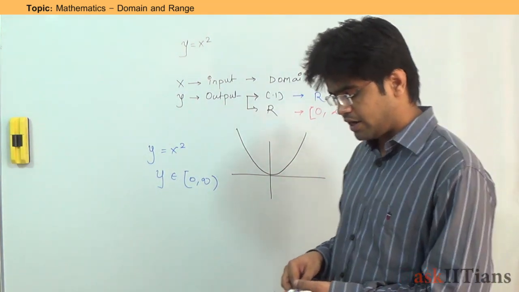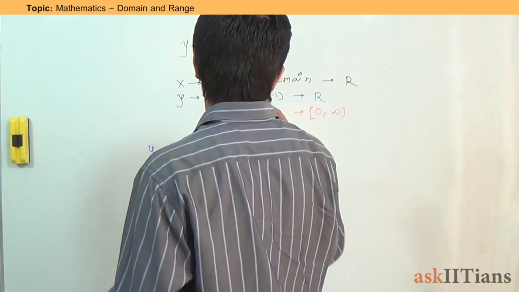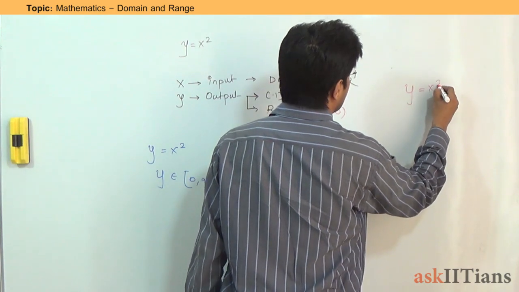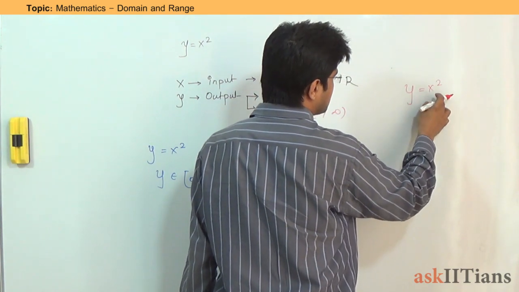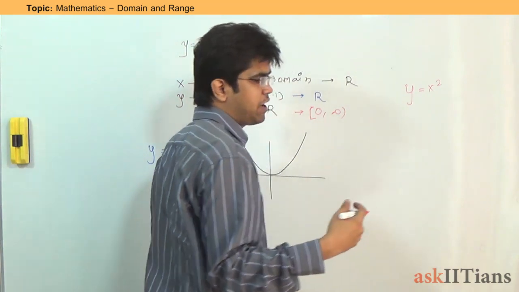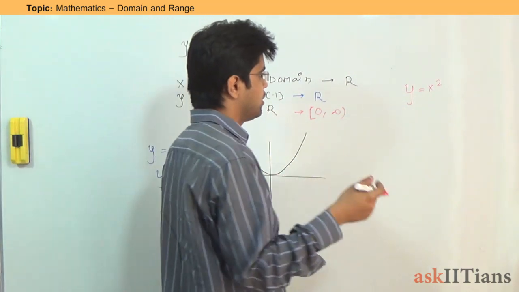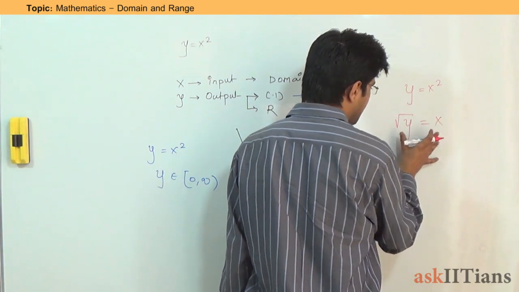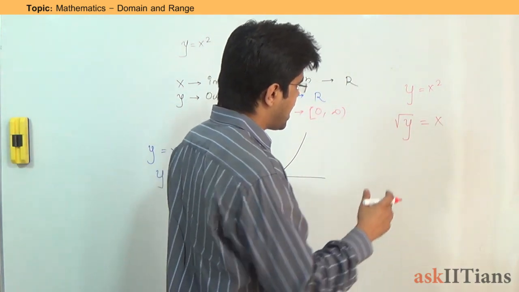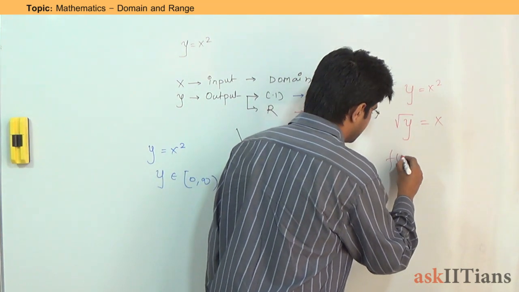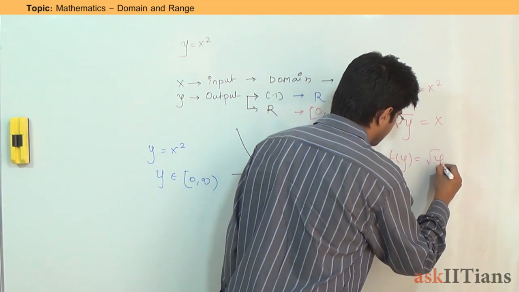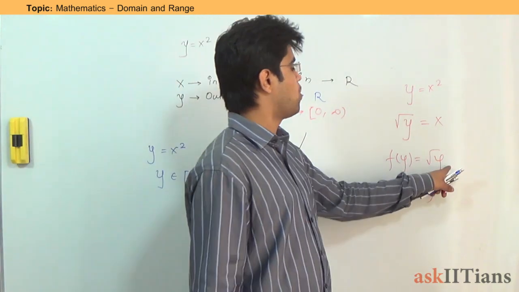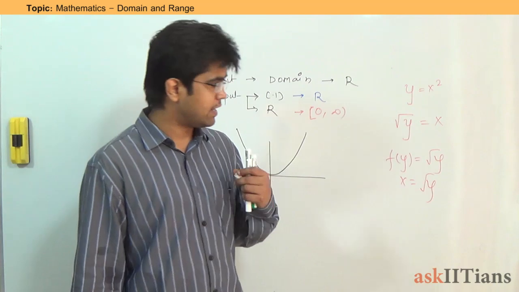But in order to find the range, you can do one thing. Suppose this is y equals x squared. Here I am putting in the values of x, trying to find out what values of x I can place. Now you can do the reverse as well. Let's say I write this function like this, and now observe what values y can take.